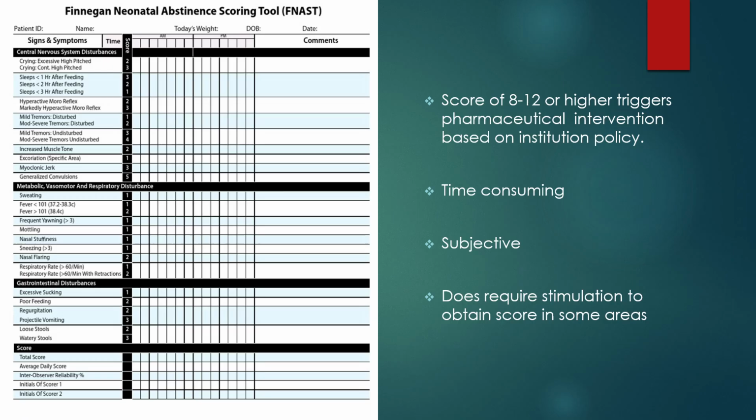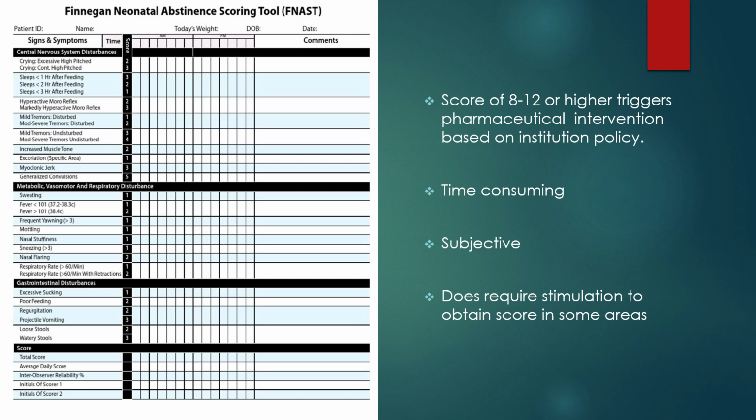Here is an example of the Finnegan Neonatal Abstinence Screening Tool. Normally, a score of 8 to 12 or greater would trigger the need for pharmaceutical intervention. Many facilities are not using this as their primary tool anymore because it takes a long time to complete.